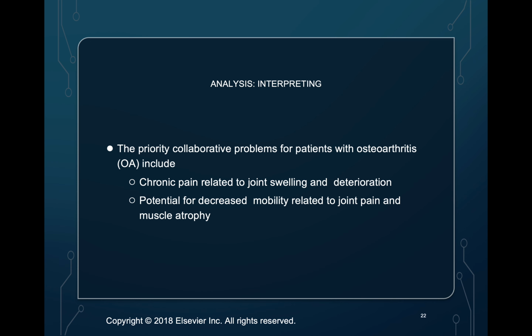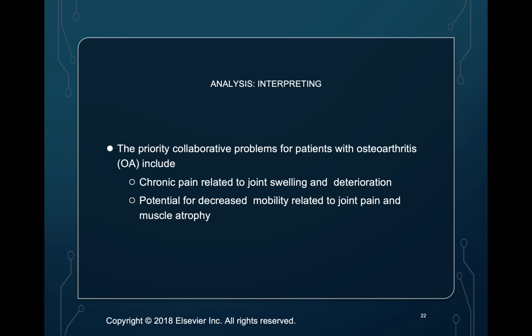So our priority problems for our patients with osteoarthritis are pain and decreased mobility. This is very similar in some ways to some of our priority concerns for patients who have rheumatoid arthritis. Some of the things that we do to intervene might look a little bit different, but many of our interventions might look the same.